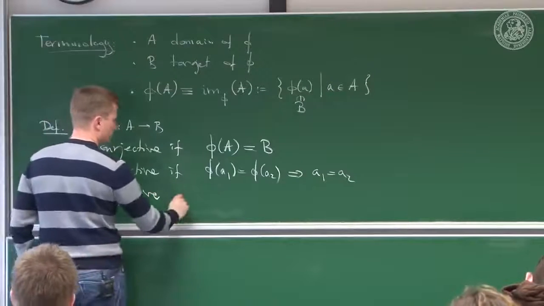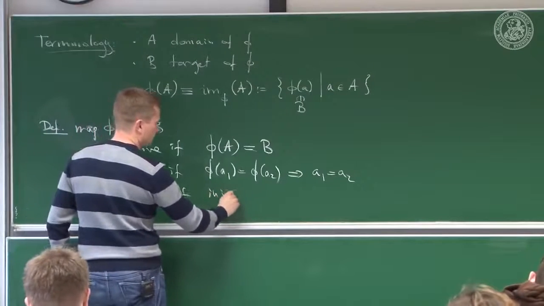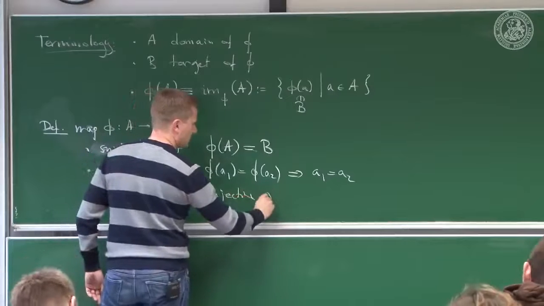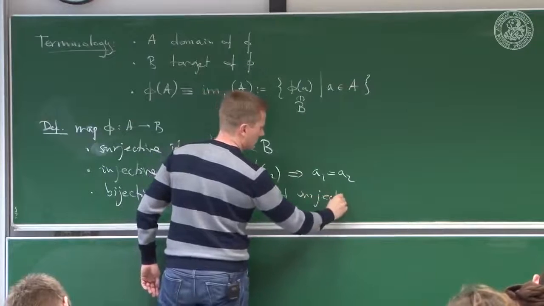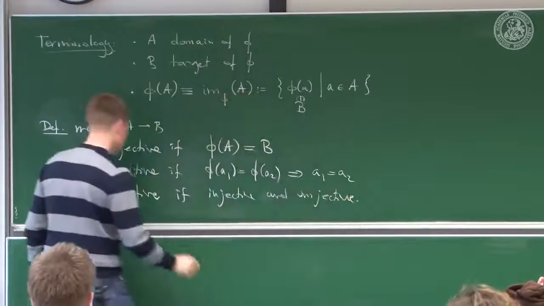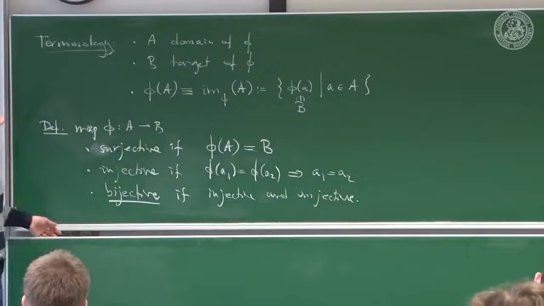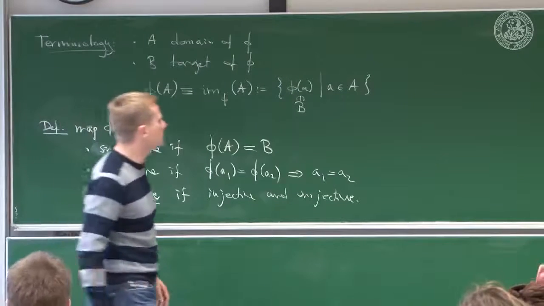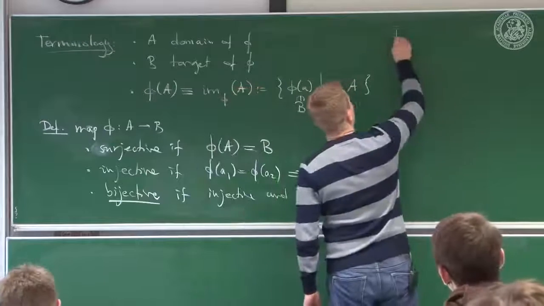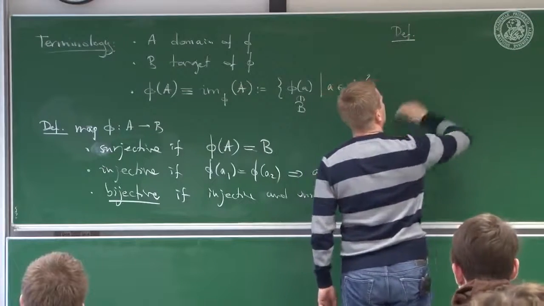And the map is bijective, and that's the key notion. It's bijective if it's injective and surjective. And bijective is by far the most important notion. And in fact, we have the following key definition.